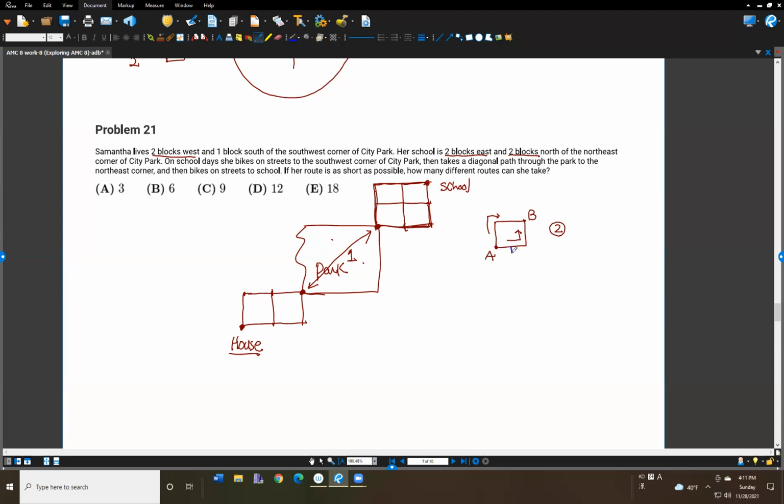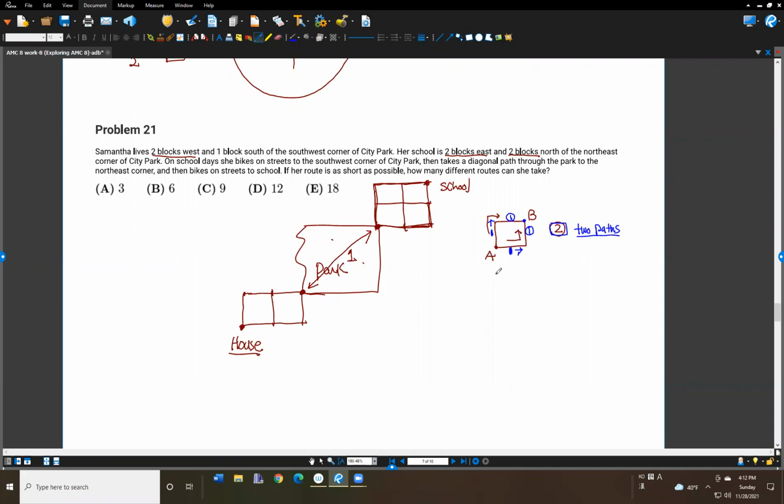One way going to the right, one way going up. We use the number 1. One means only one way, right? At this point, 1 plus 1 is what? 2, right. There are two different routes, two different paths. P-A-T-H-S.